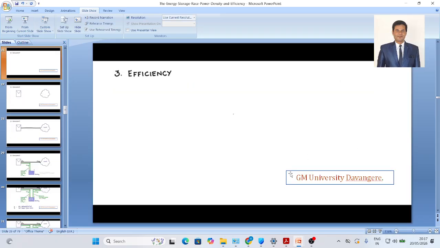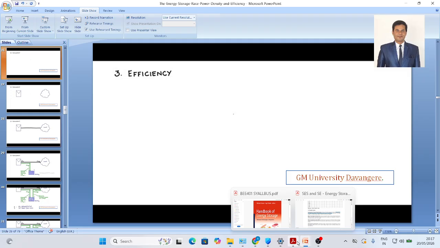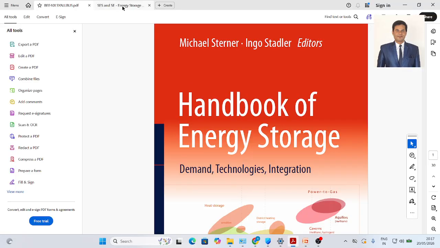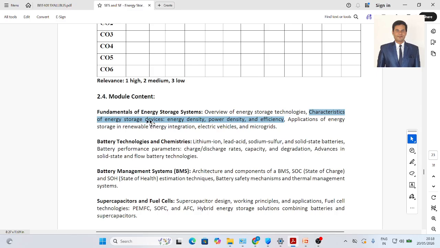So I was talking about the efficiency. Next we'll see about the efficiency of the topic. We just discussed the characteristics and proper definitions of energy storage devices, energy densities and power densities.